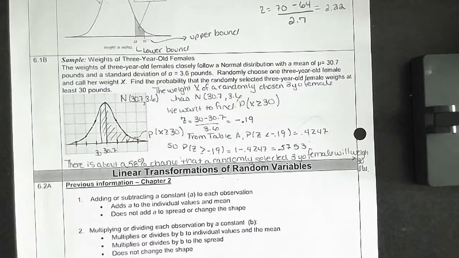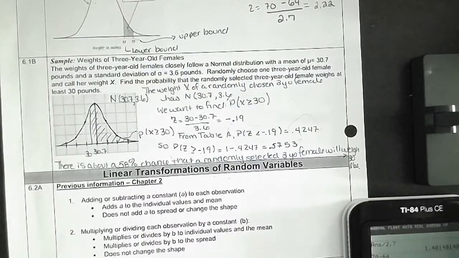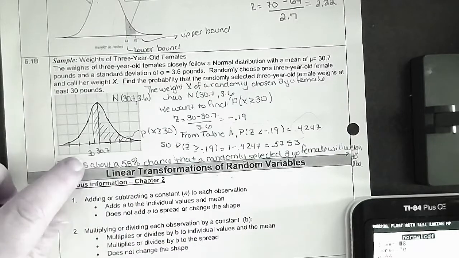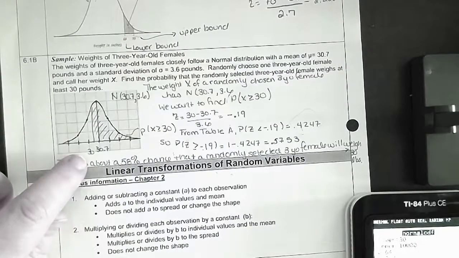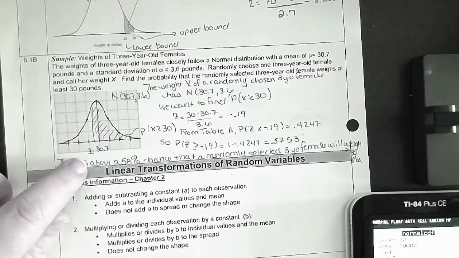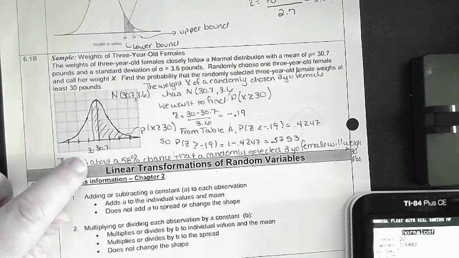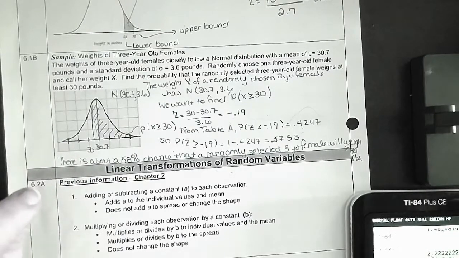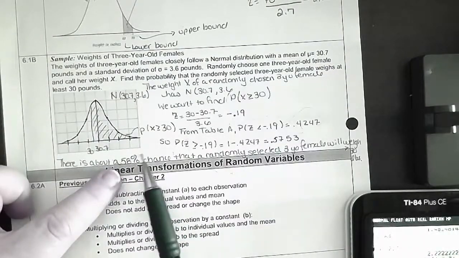If I wanted to use normal CDF, I do second vars, normal CDF, and set my lower bound as 30, and for my upper bound I'm just going to put a huge number. My mean is 30.7 and my standard deviation is 3.6. I plug that into my calculator and I get approximately 0.577, which is approximately 58%.